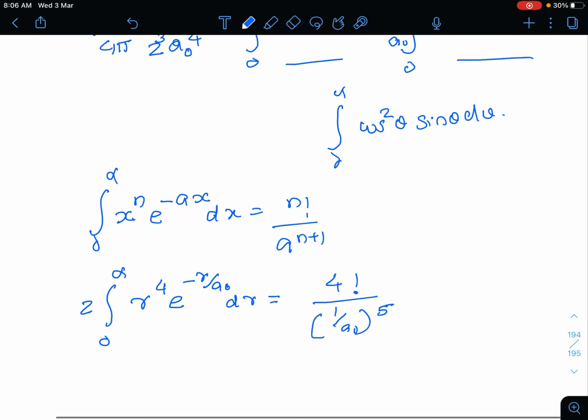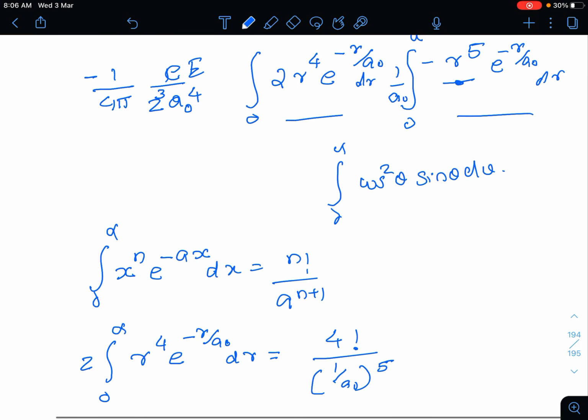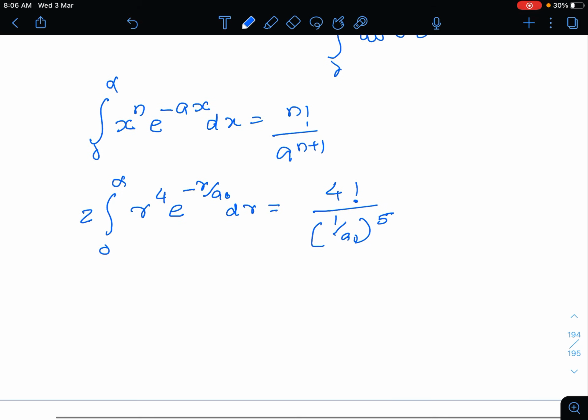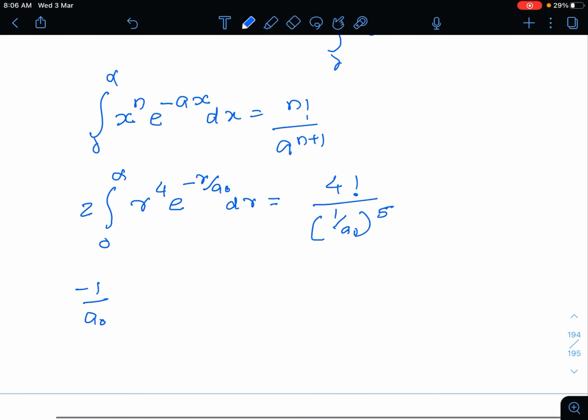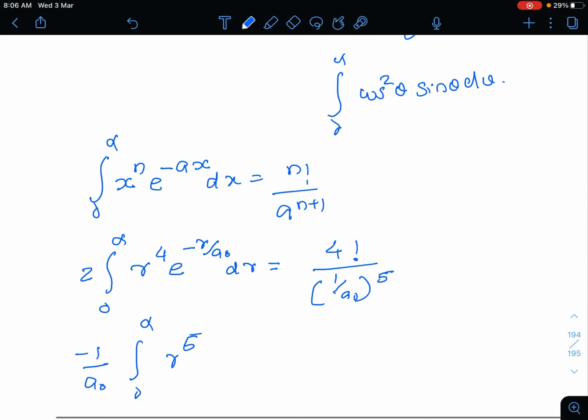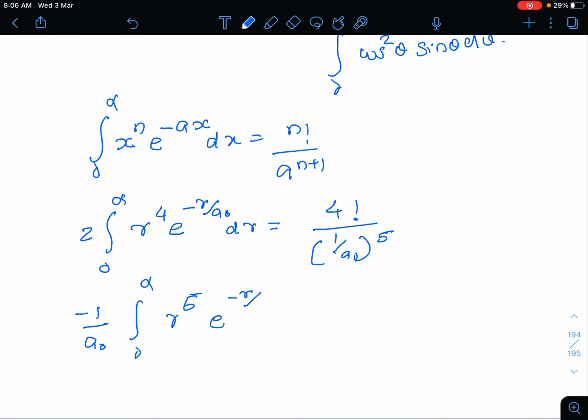Simple. When we see this we think it is a big problem, but there is no problem. Next is minus 1 by a0 outside, integral 0 to infinity r raised to 5 e raised to minus r by a0, that is simply 5 factorial divided by 1 by a0 all raised to 6, into a0 minus.